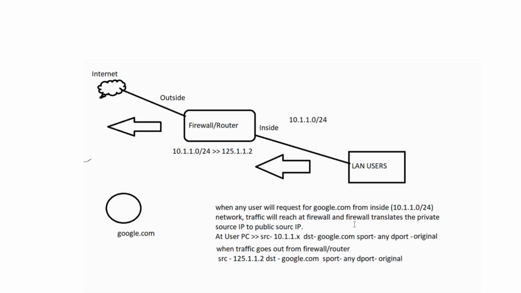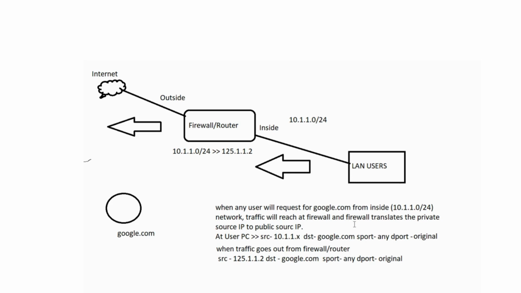If any traffic comes from the LAN side with the source 10.1.1.0/24 subnet and wants to communicate with google.com or any public hosted application or internet, so that private segment must be changed in the public IP, that is 125.1.1.2. So it can be a real IP in the real scenario. So I took it for an example.